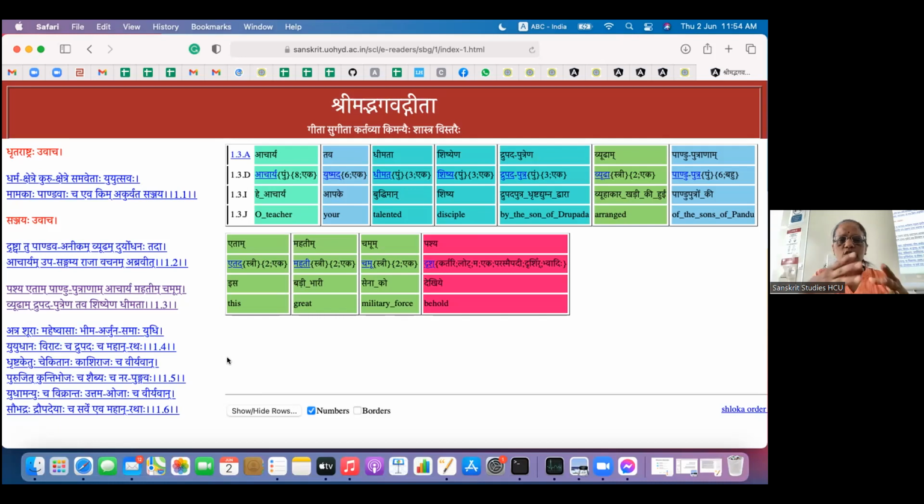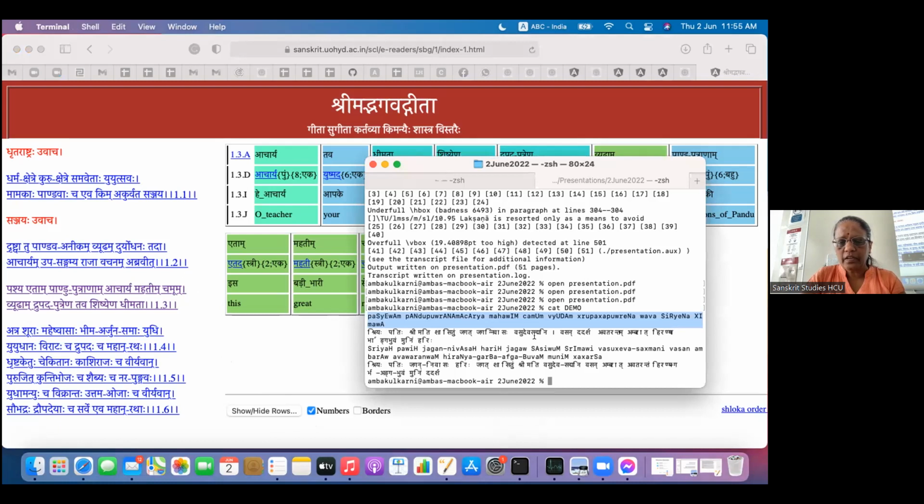And once we store all such analyses of all the shlokas, all the verses, then we make a good interface out of it so that the complete analysis is now available to other users as well. This results in a good e-reader for such texts.